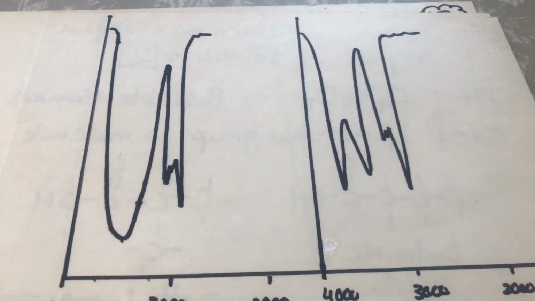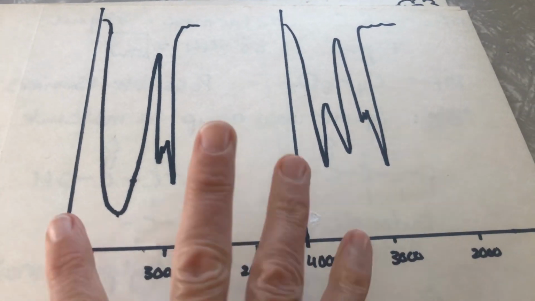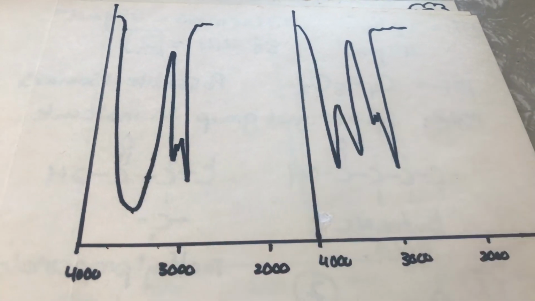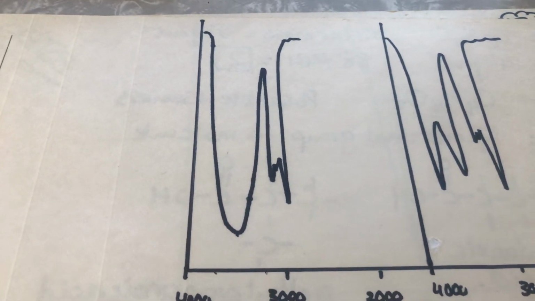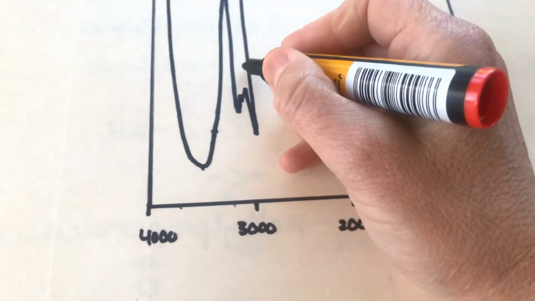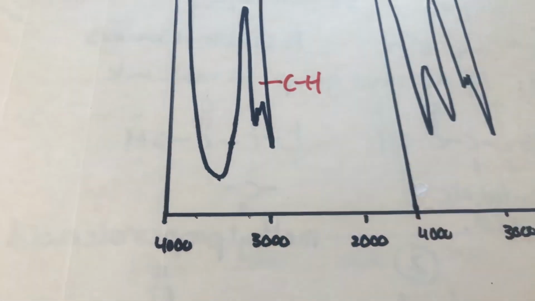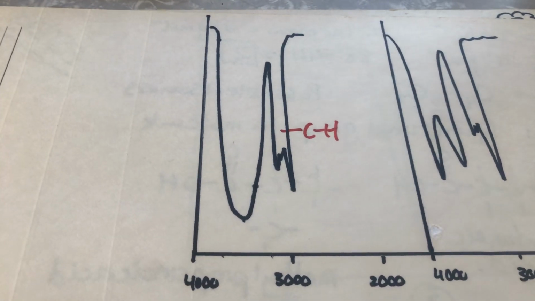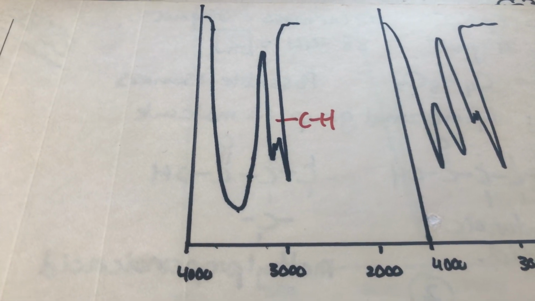And I'm just going to put one more in this video, and I'm going to look at these two here. You'll notice that I've just shortened the spectra because I just want to look at one peak here. So in the left-hand one here, this here is my C to H peak that I identified in the last spectra.